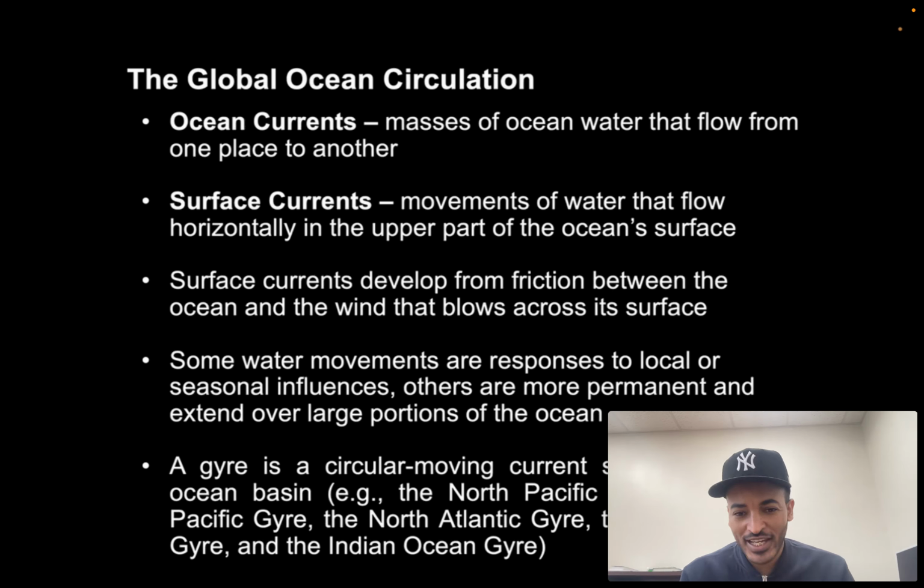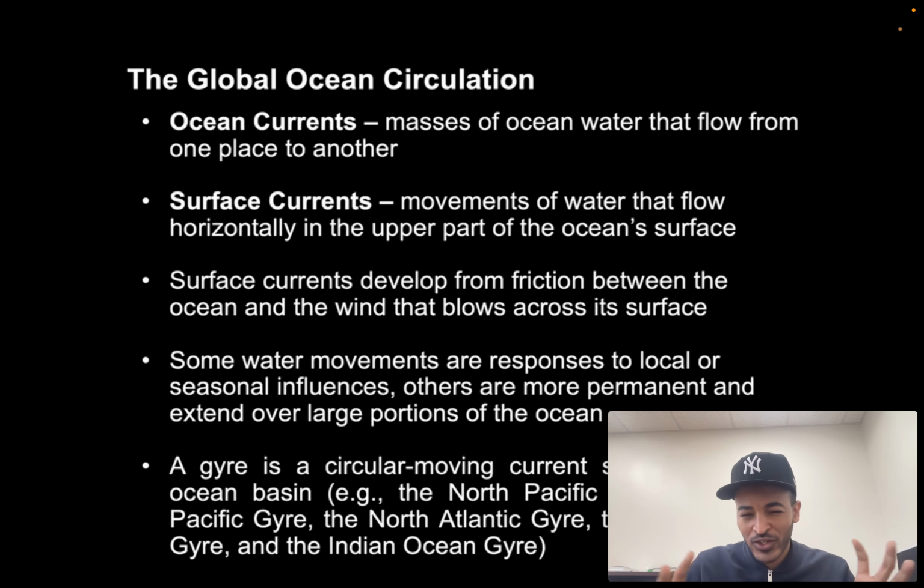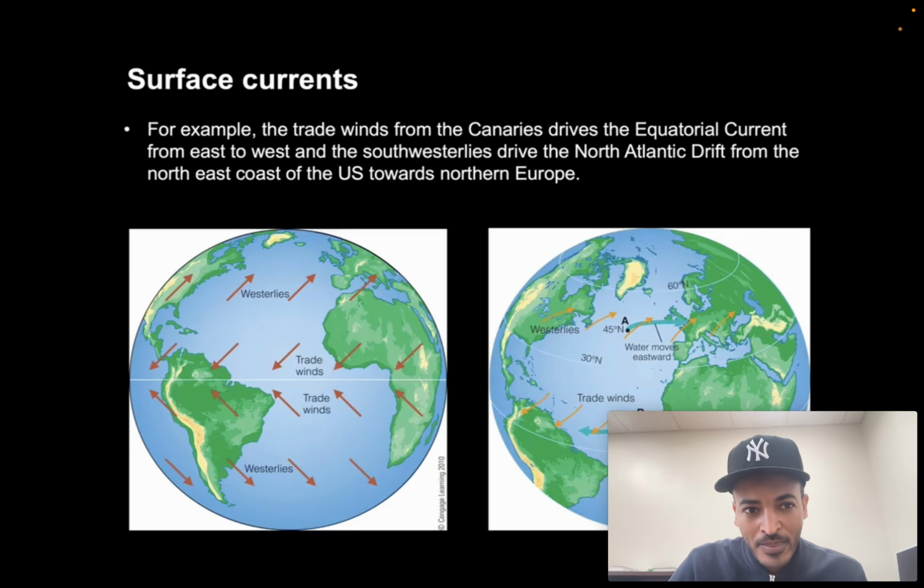The surface winds are important, and the rotation of the Earth is also important. So in a way, it's a reflection of what we have in the atmosphere.